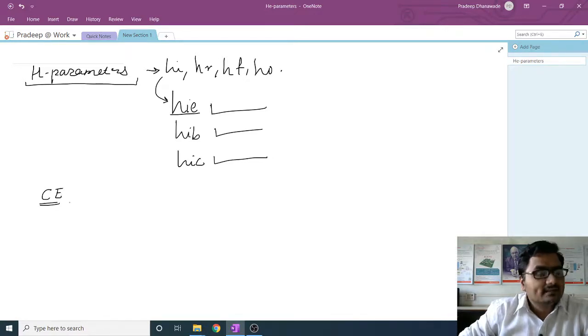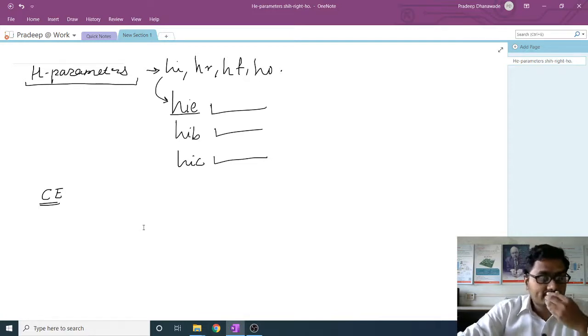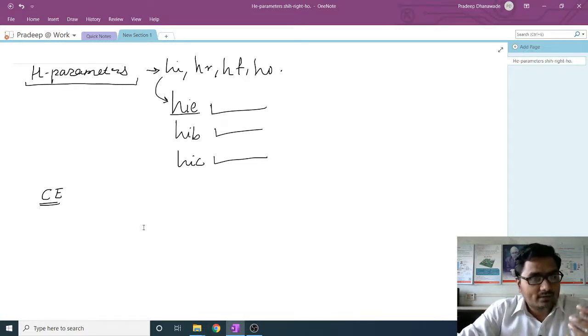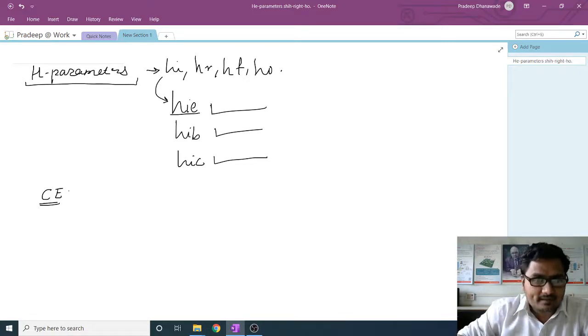So here also, to evaluate H parameters, we will take the example of common emitter configuration and evaluate all those H parameters with the help of IO characteristics of common emitter configuration. So the first thing that I will need is the IO characteristics of common emitter configuration.